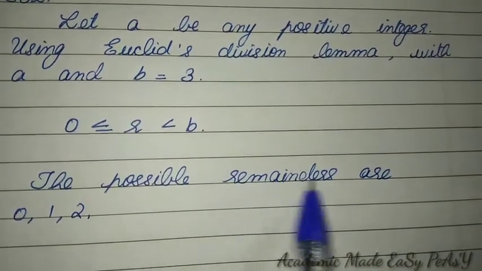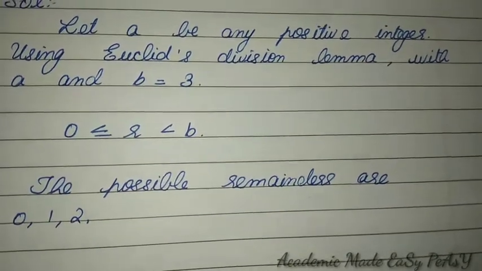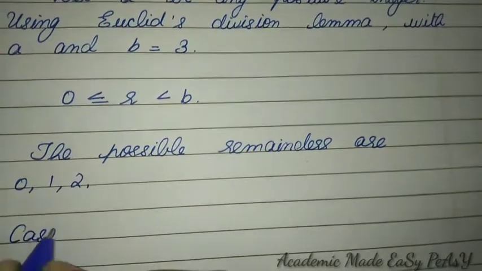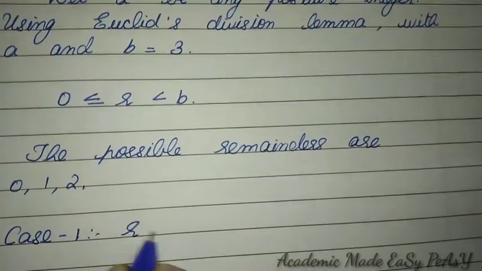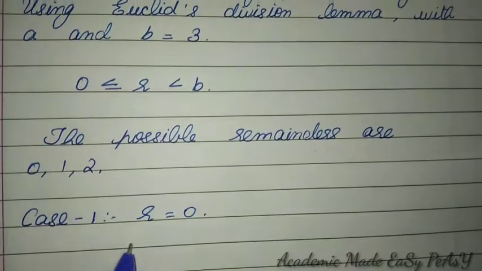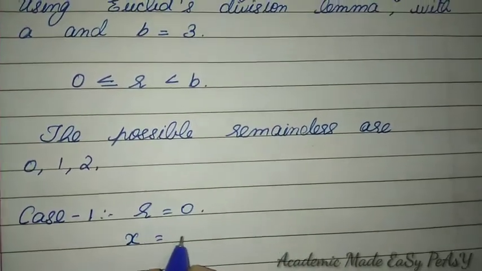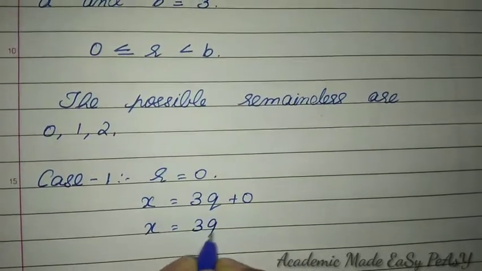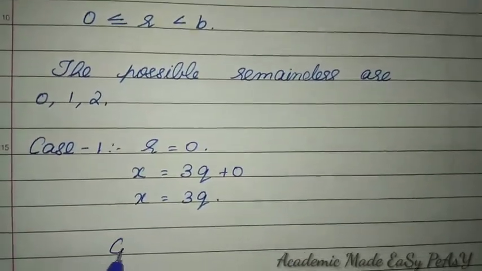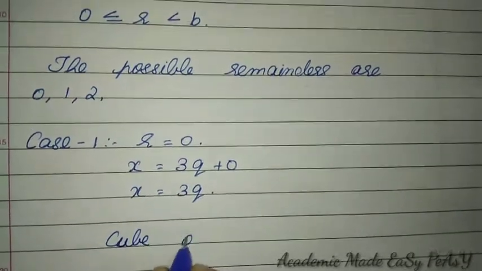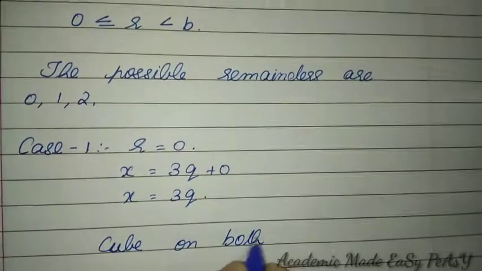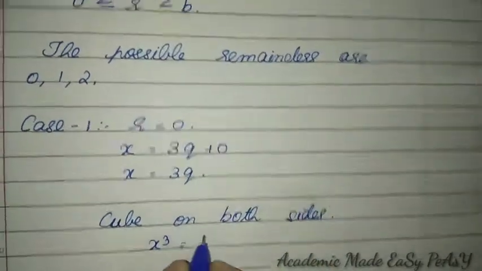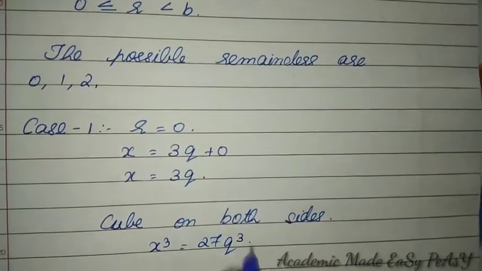Therefore, the possible remainders are 0, 1 and 2. Now let's see case 1. Having r equal to 0, x is equal to 3q plus 0, so x is equal to 3q. Now cubing on both sides, x cube is equal to 27q cube.